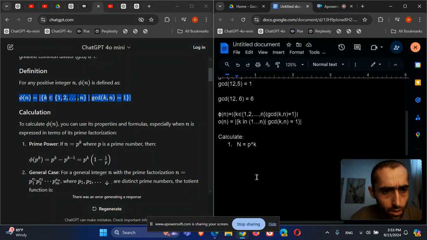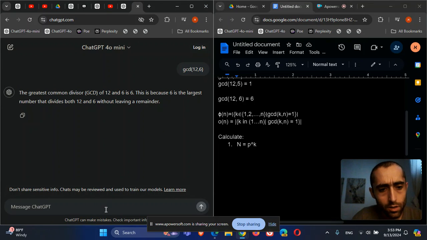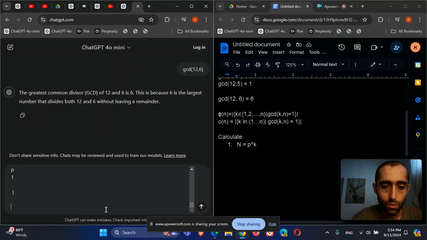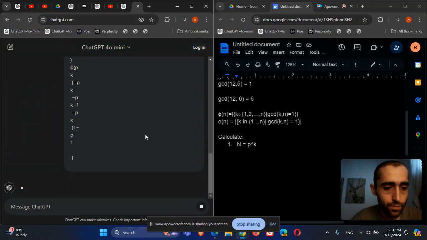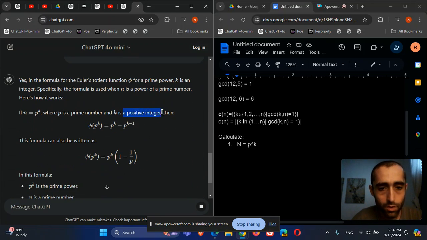In this formula, k is a positive integer.